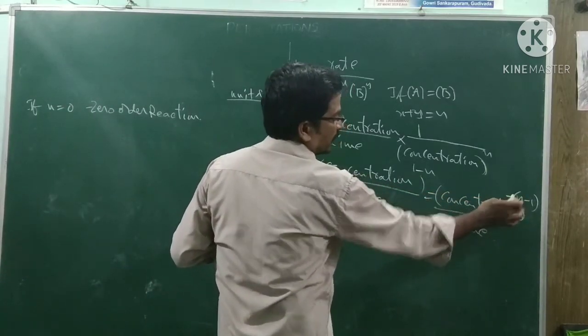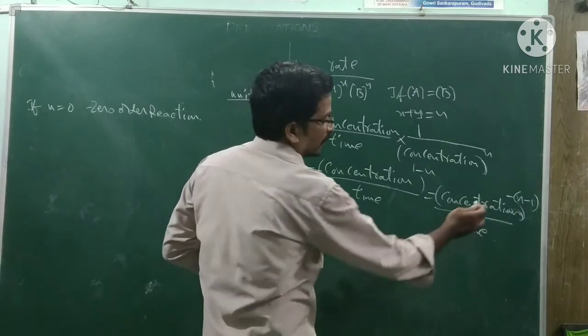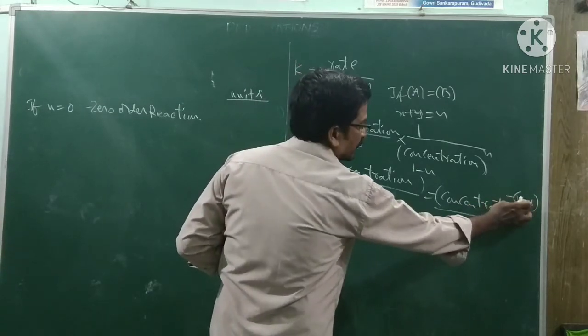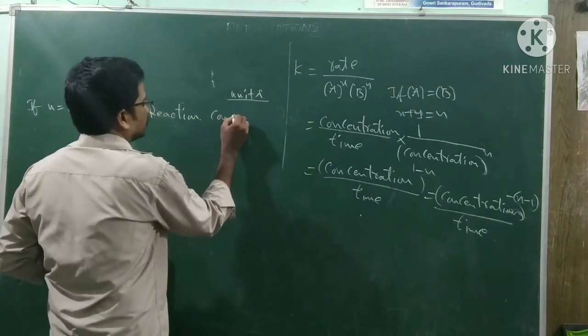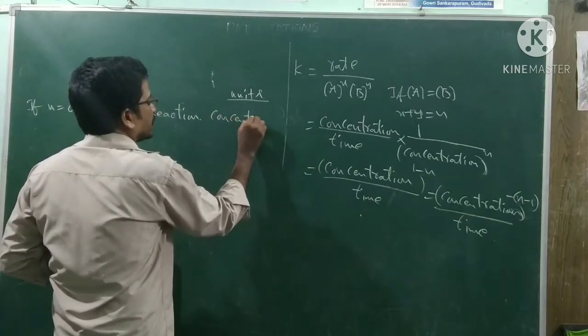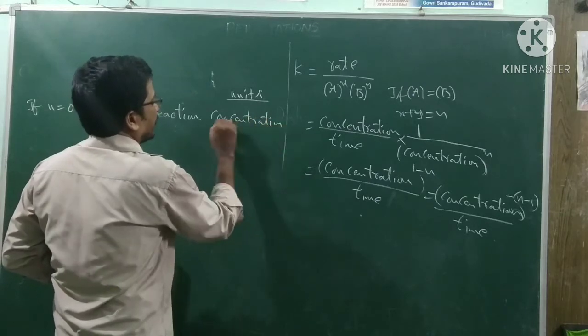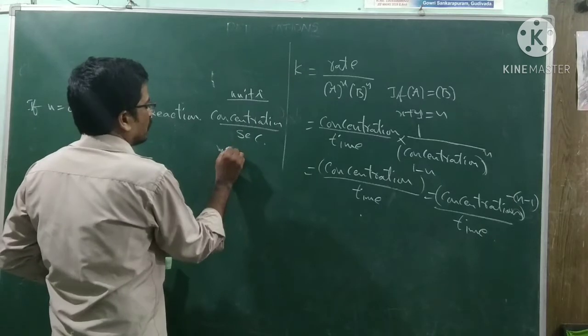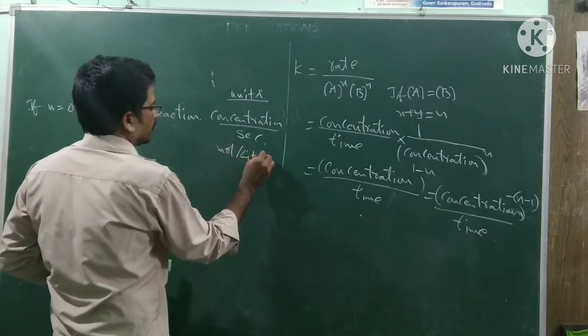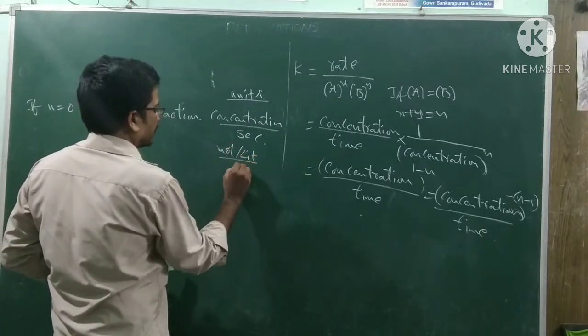If you put n is equal to 0, then you may write like this: concentration by time. Time means second. Concentration means moles per liter by second.